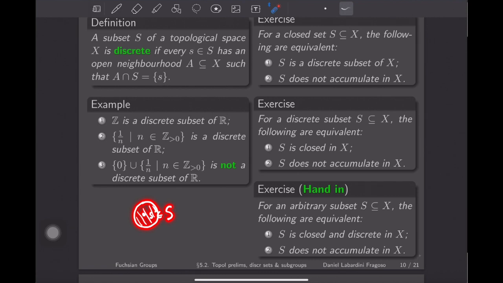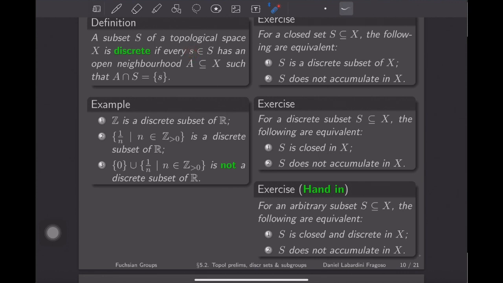When one considers the punctured neighborhood, where one deletes s, no other point of S is in that punctured neighborhood. And that means not accumulating in S.